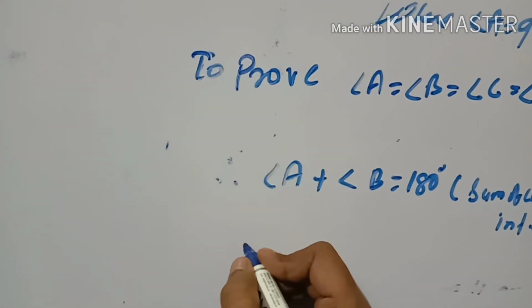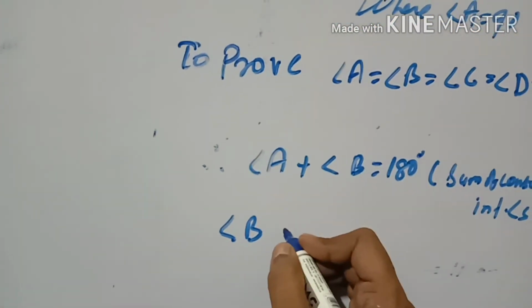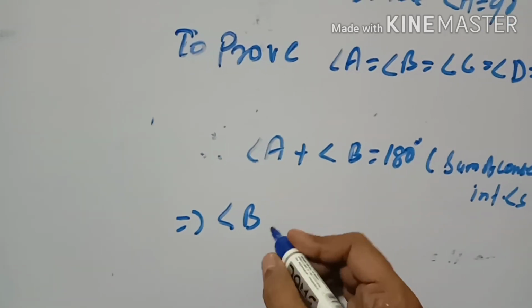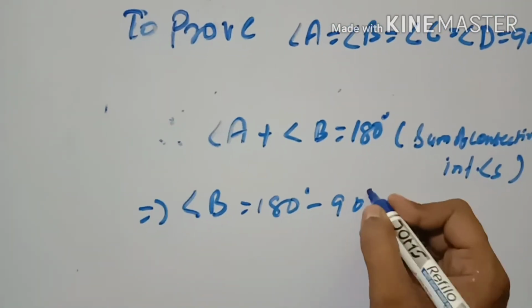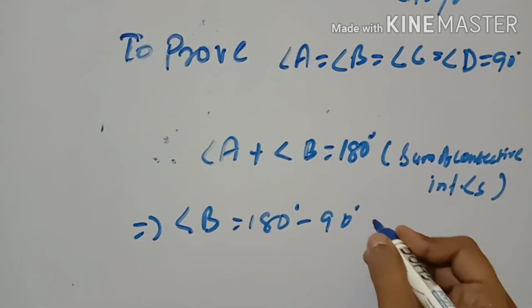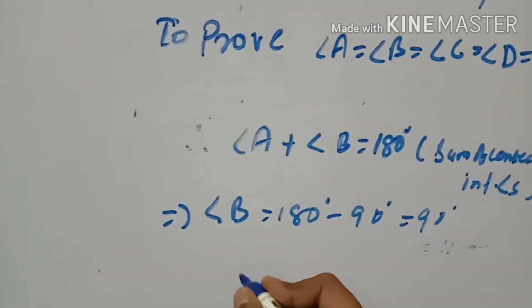Therefore, this implies that angle B equals 180 degrees minus 90 degrees, because angle A's value is given. Therefore, angle B is also 90 degrees.